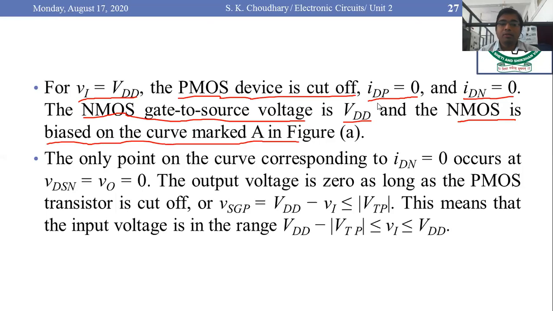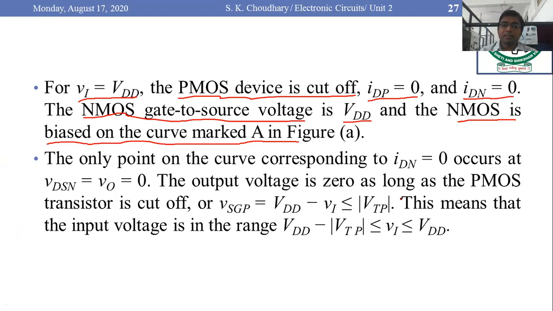The only point on the curve corresponding to IDN is equal to 0 occurs at VDSN, because we know that VDSN, that is same as V naught, is equal to 0. If IDN is 0, the voltage drop across the drain to source terminal is also 0. That means output voltage is 0. The output voltage is 0 as long as the PMOS device is in the cutoff.